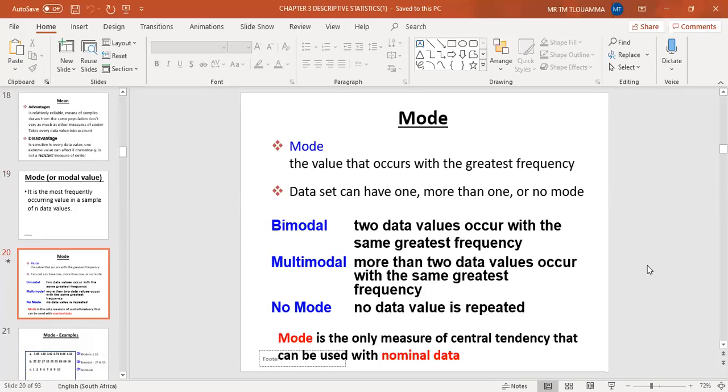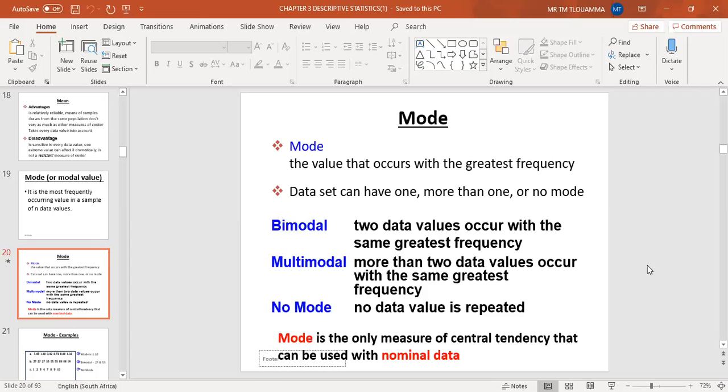So under the mode, we're having 3 categories. We said that the mode is the value that occurs with the greatest frequency, right? Normally we talk about frequency when we are dealing with grouped data.